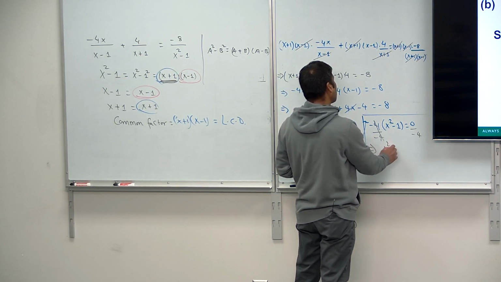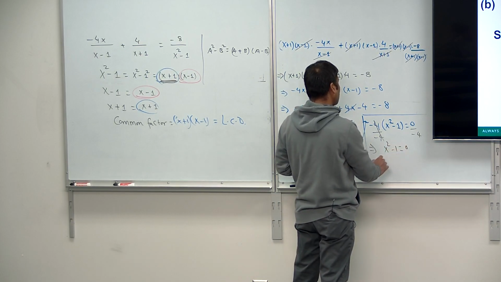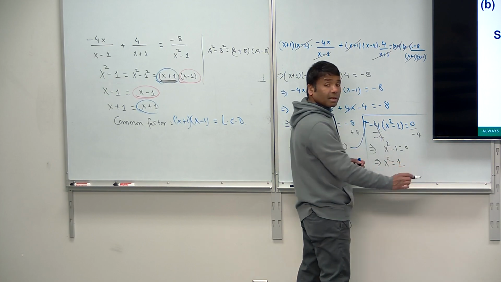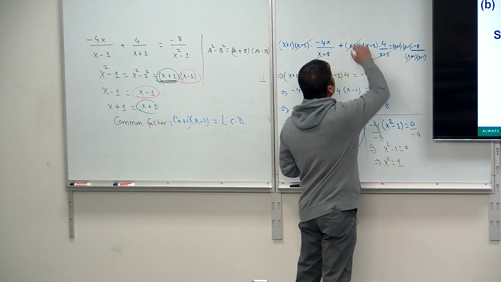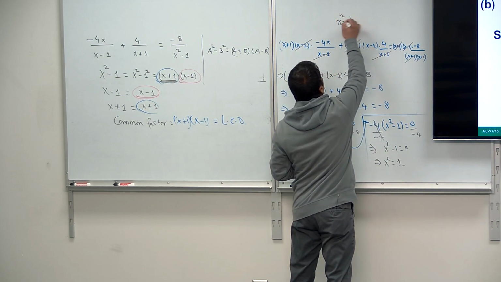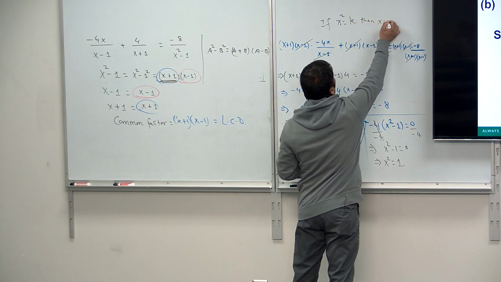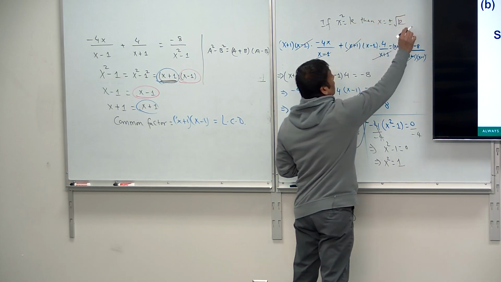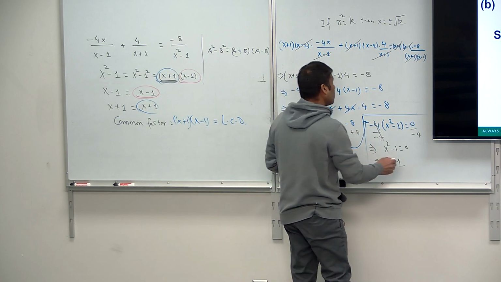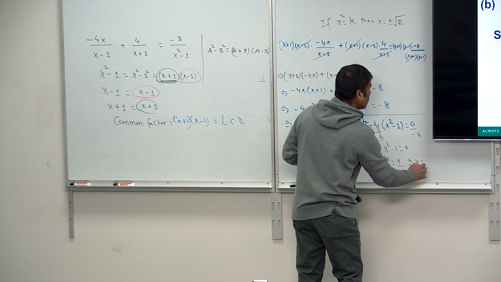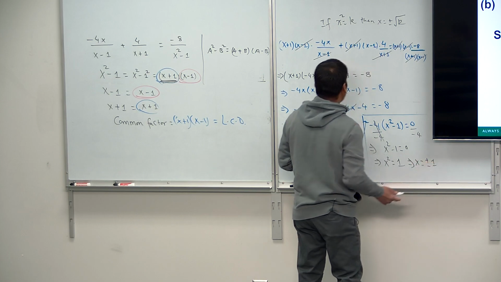You guys know x squared minus 1 equal to 0, so that will give you x squared equal to 1. Is that right? Remember the square root property? If x squared equal to k, then x equal to what? Plus or minus radical k. Remember that? So that will give you x equal to plus or minus 1, or positive 1 and negative 1.